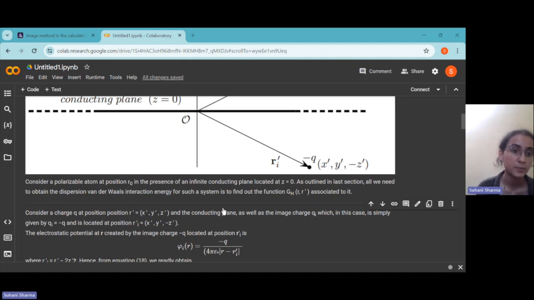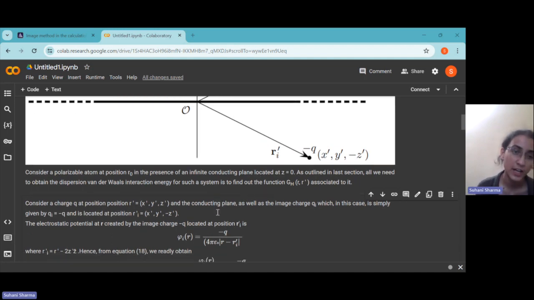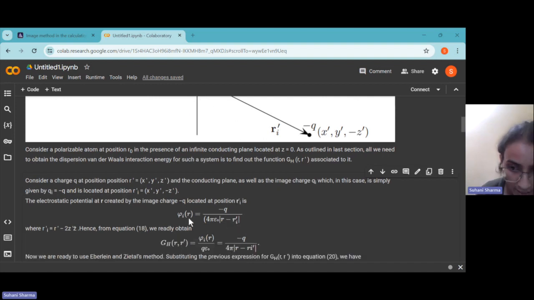So the electrostatic potential phi I of r, created at r by the image charge minus q located at the position r I dash, is very easy to know. It is phi I of r equal to minus q divided by 4 pi epsilon naught times the magnitude of r minus r I dash, where r I dash is equal to r dash minus 2z dash z cap.